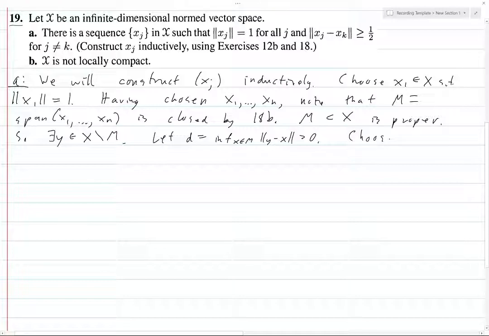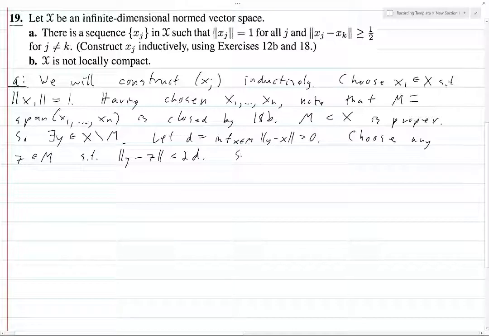Then choose any z in M such that the norm of y minus z is less than 2d. Certainly some such z must exist, because if no such z exists, then the infimum would actually be at least 2d.